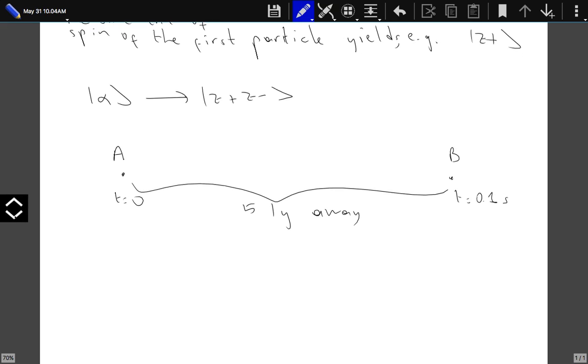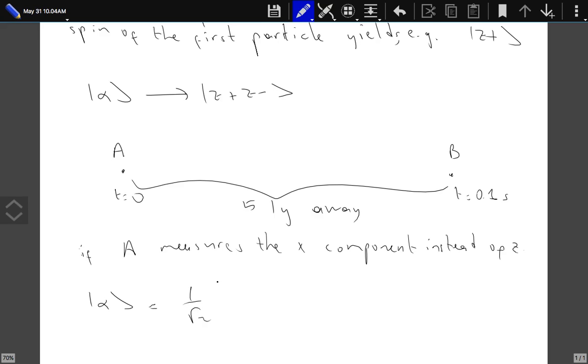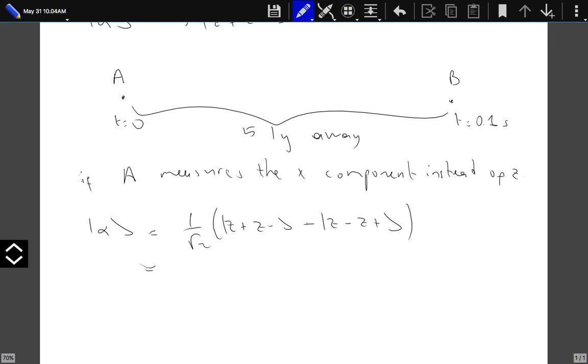But let's see what happens if A measures not the Z but the X. Well, we can write this state alpha, which was 1 over square root of 2, (Z plus Z minus, minus Z minus Z plus). We can just make a change of basis, and this state becomes (x plus x minus, minus x minus x plus).